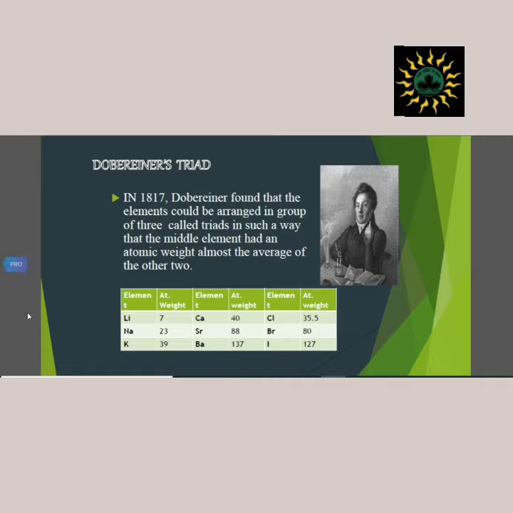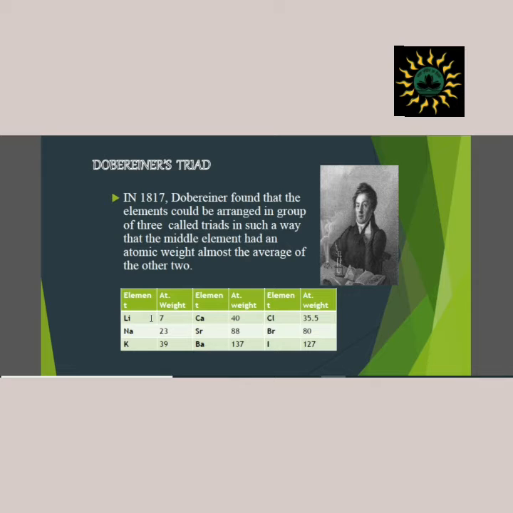For example, take the elements lithium, sodium, potassium. The atomic mass of sodium is 23, lithium 7, potassium 39. If you add the atomic masses of lithium and potassium, the total is 46.